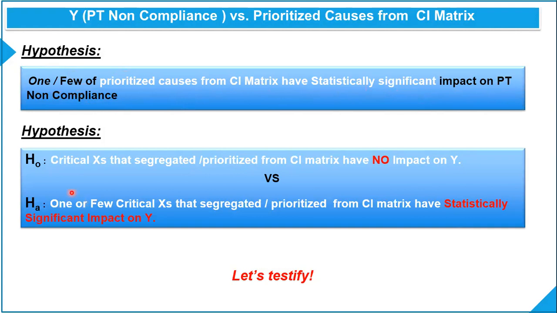Second step, set H0, that is the null hypothesis, and HA, that is the alternate hypothesis. So what is my null hypothesis?